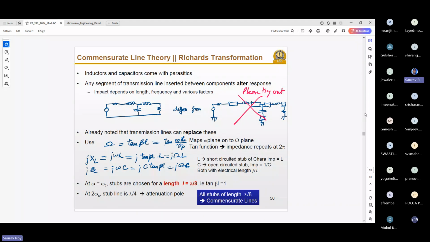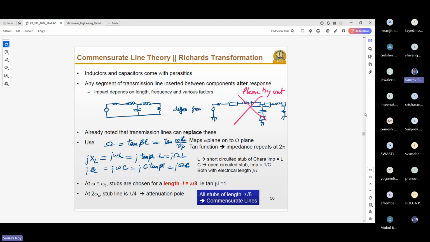If you take the input impedance of a particular microstrip line section, it will be related to the characteristic impedance Z0 and tan beta L. But for a normal capacitor or inductor, the impedance is written as j omega L or 1 by j omega C, right? So the omega function comes there.